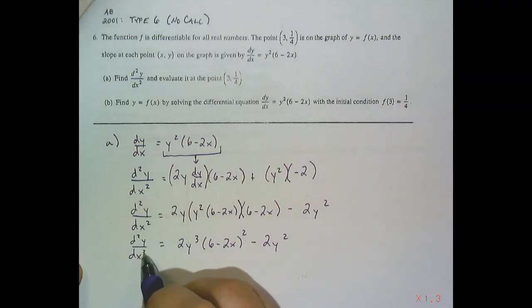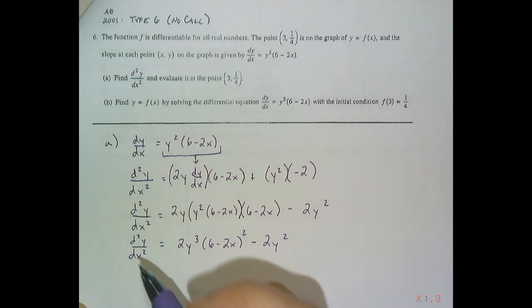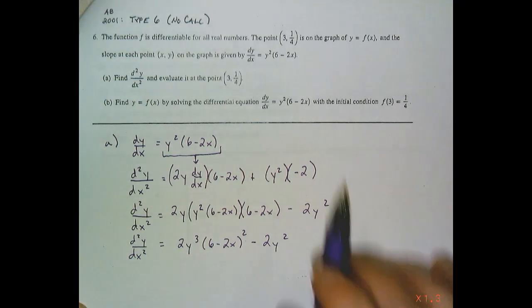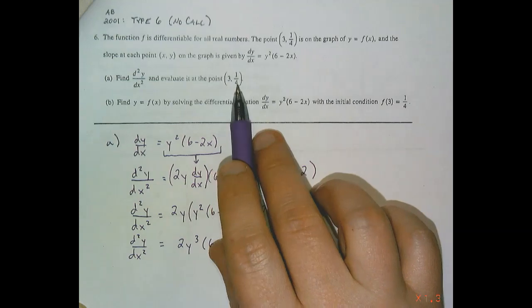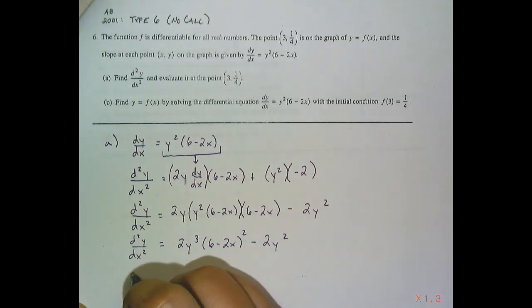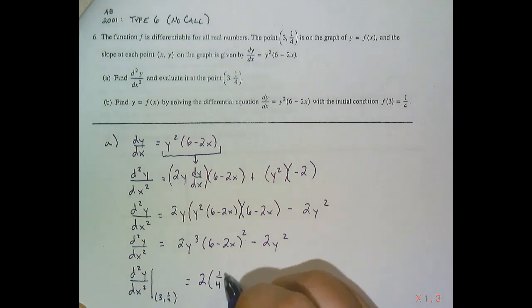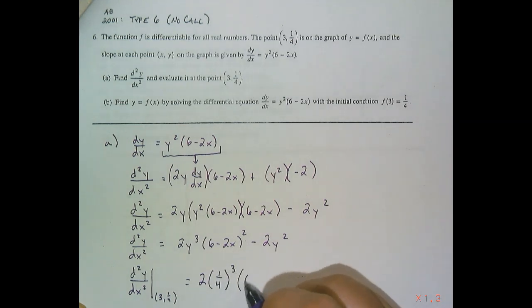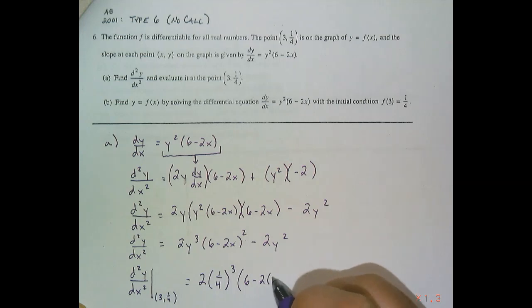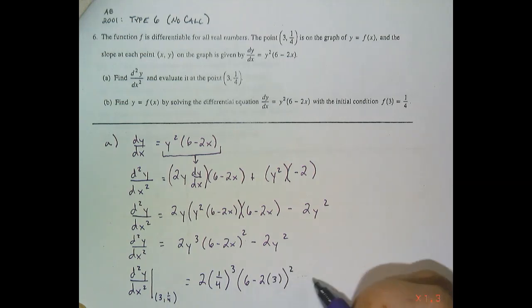And our goal was to find the second derivative and then evaluate it at the point (3, 1/4). So the last step, evaluate this at (3, 1/4). So we'll get 2 times 1/4 cubed times (6 minus 2 times 3) squared, subtract 2 times 1/4 cubed.